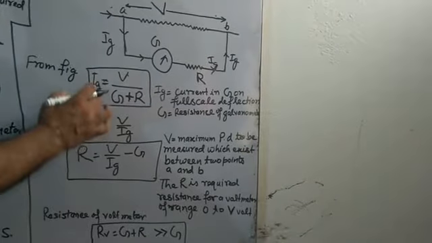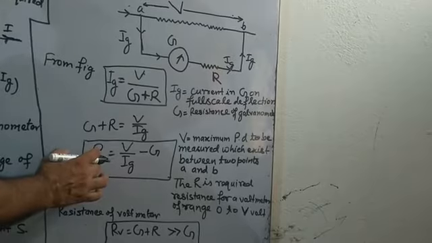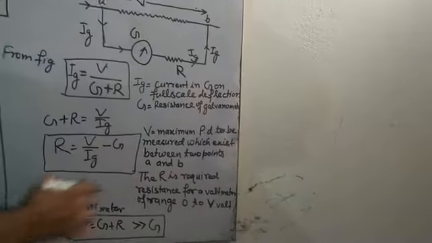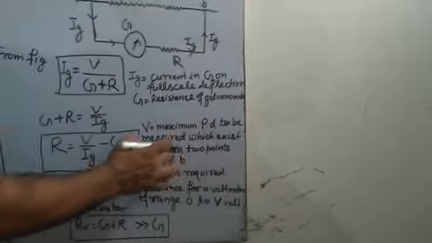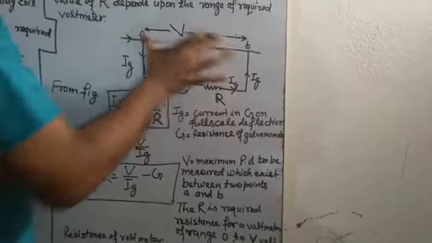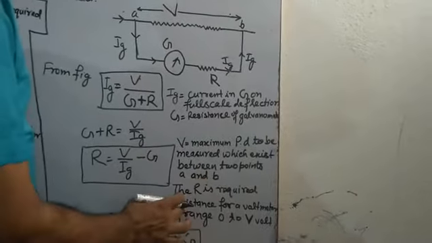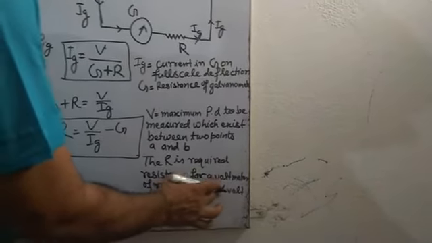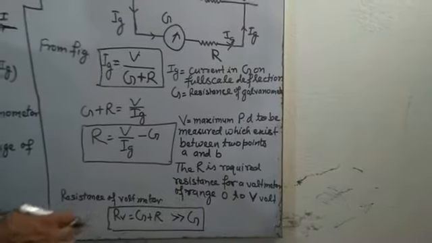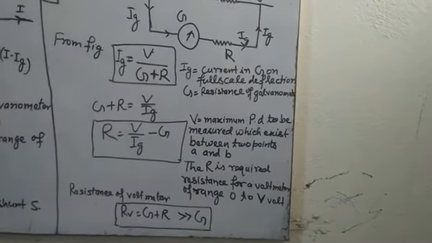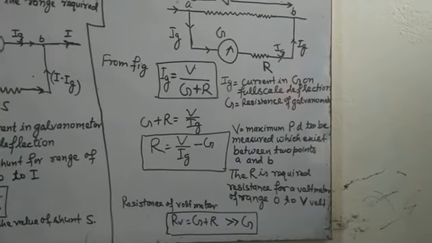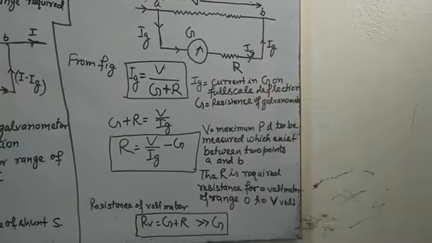Therefore G plus R equals V by Ig, otherwise R equals V upon Ig minus G, with V the maximum potential difference to be measured between the 2 points A and B. The resistance of the voltmeter equals G plus R, which is always much greater than the resistance of the galvanometer.